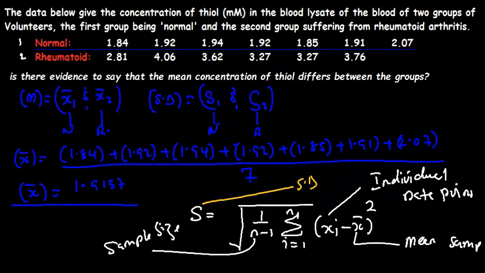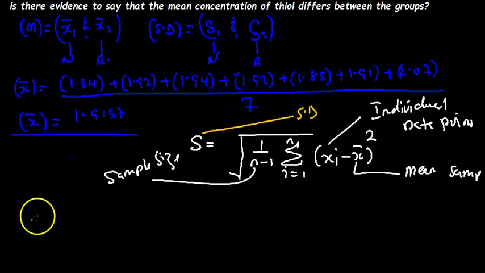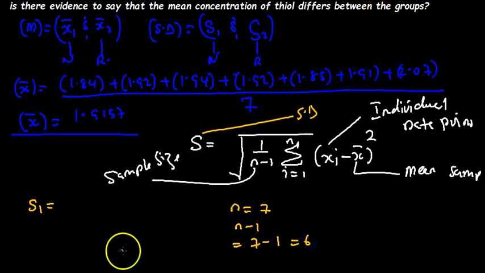So let's see how we can insert these values and solve this problem. For us to find the standard deviation of x1, we are going to use this formula. So 1 divided by n minus 1, our n is simply going to be 7. So n minus 1 is 7 minus 1, which is 6.